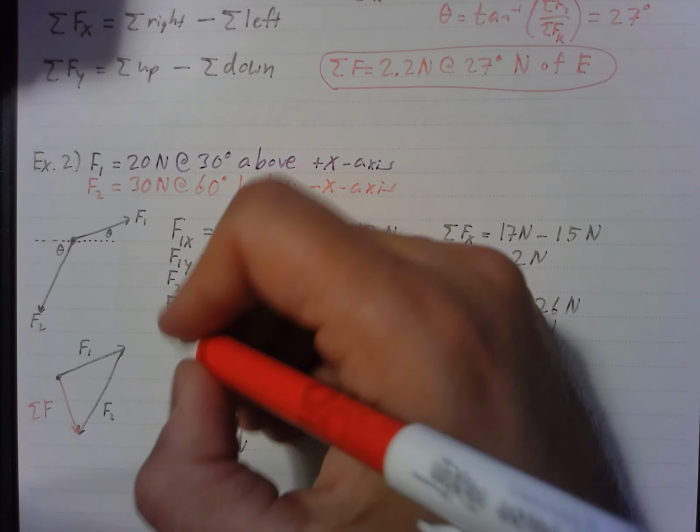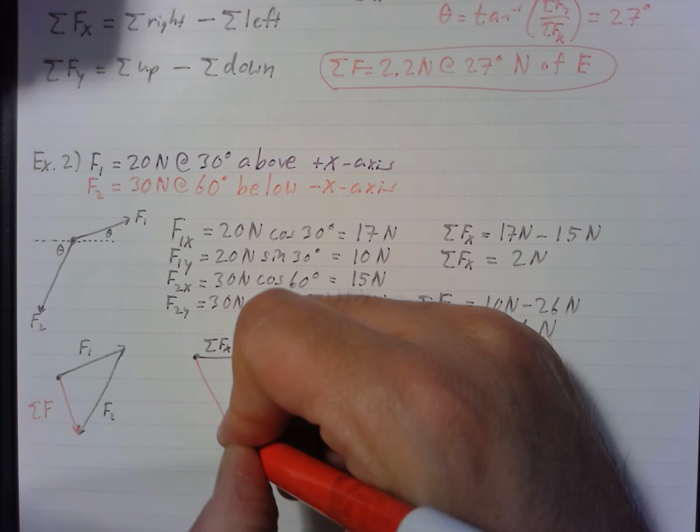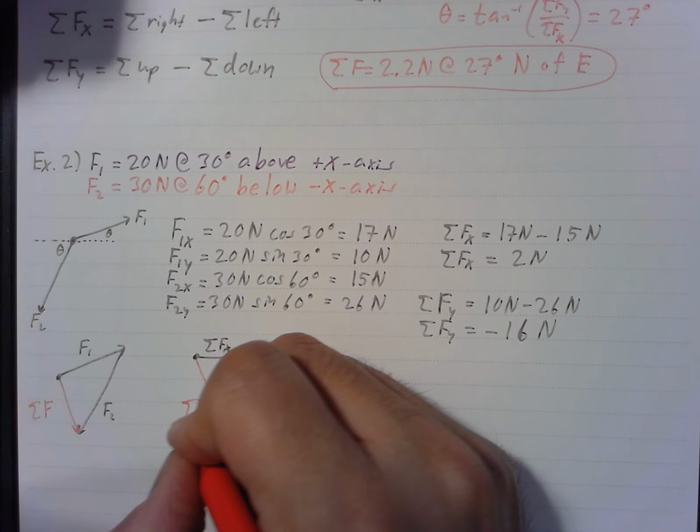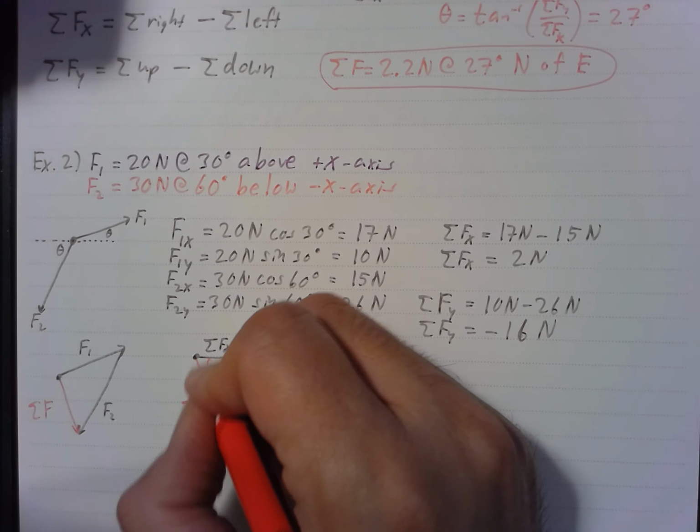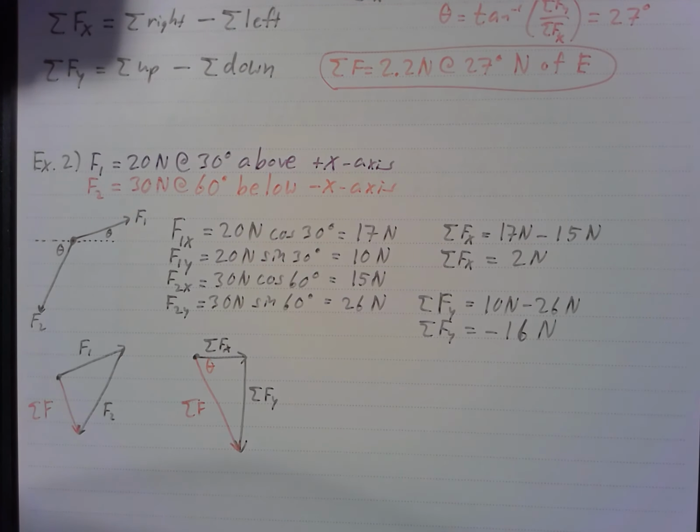So my net force overall is the hypotenuse, and that is the angle. It ends up being in the same direction as my tip to tail method. I found it mathematically. This is not to scale, obviously, but it gives me a better sense of where everything is.